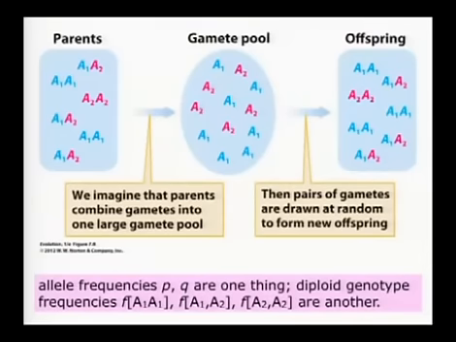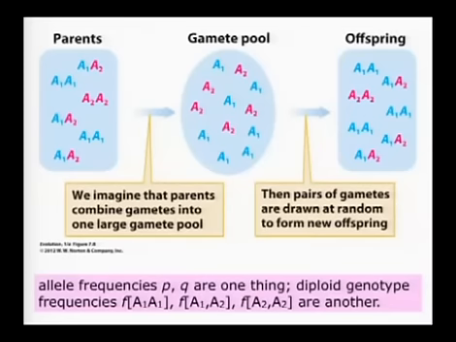Now let's break this population thinking down to not just the diploids that we see running around. Like, if you look at a population of squirrels, then those are all diploids. But we can also think about the allele frequencies in the gamete pool.